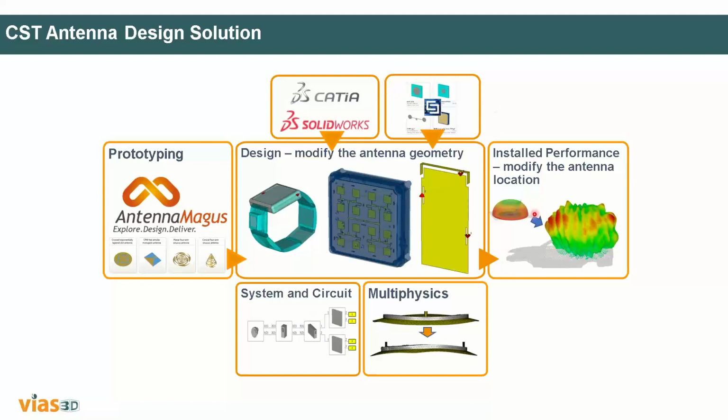Once you design the antenna, if you are designing for an industrial application, I prefer you design it along with the platform where you're going to mount it. For example, you are designing an automobile antenna. I prefer you design the antenna first, then import an automotive CAD geometry and place the antenna over it, and then do the analysis. Then you can see the perturbations. Some perturbations are not allowed.